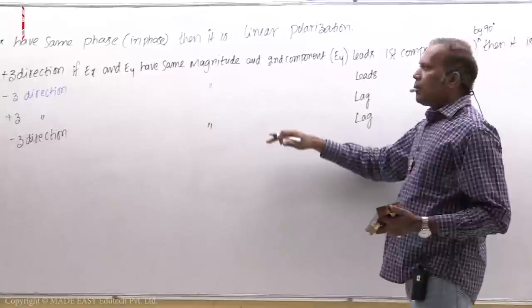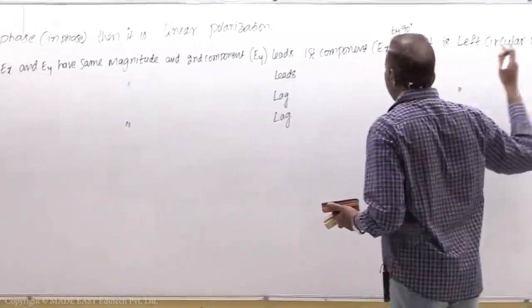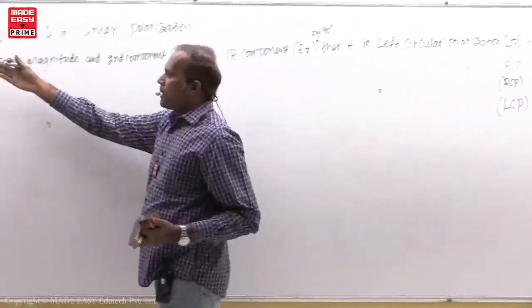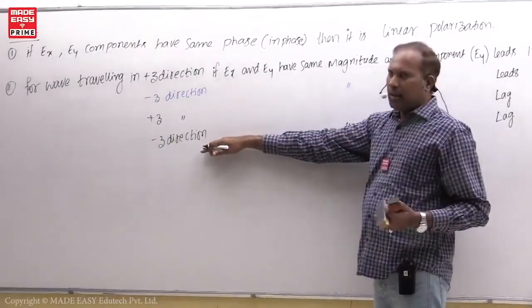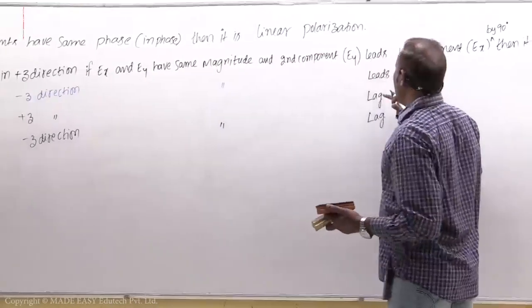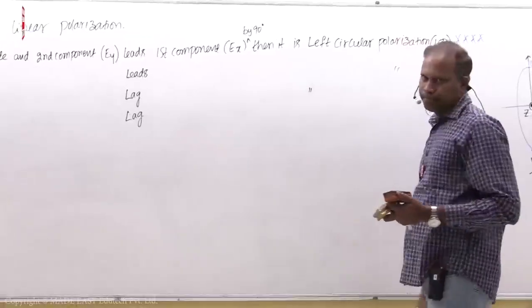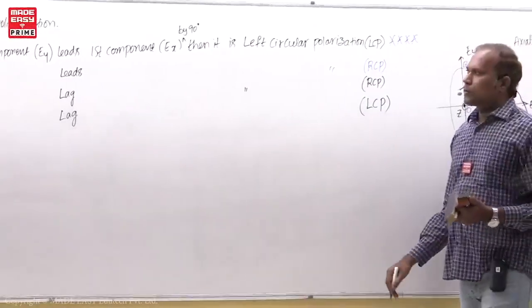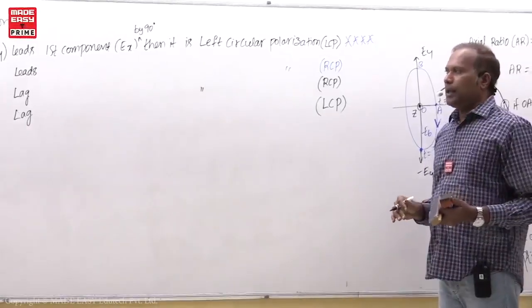You have remembered wave traveling in plus z direction and lead is LCP. Now if it is maintained the same but lead becomes lag, left becomes right. Now you change plus z to minus z, LCP becomes RCP. Now again you are changing lead to lag, that RCP becomes LCP again. So this is the statement which you have to remember.